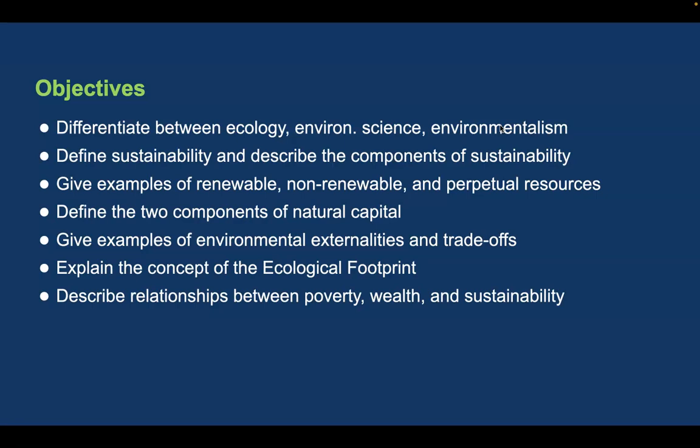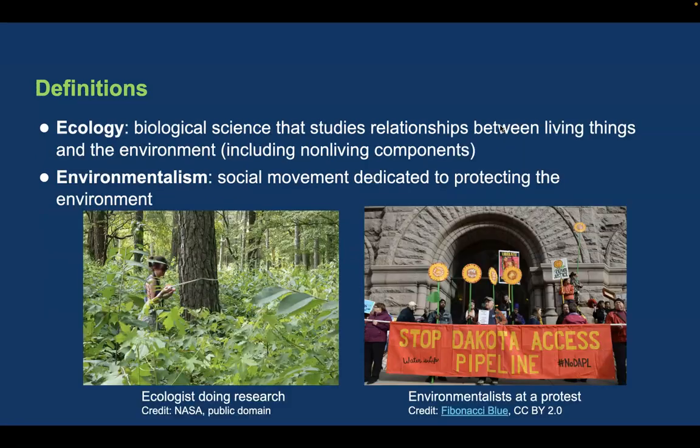I'm going to define the two components of natural capital, give examples of environmental externalities and also trade-offs. And then I'm going to explain the concept of the ecological footprint and what we use it for. And then lastly, I'm going to describe the relationships between poverty, wealth, and sustainability and talk about how they're interrelated.